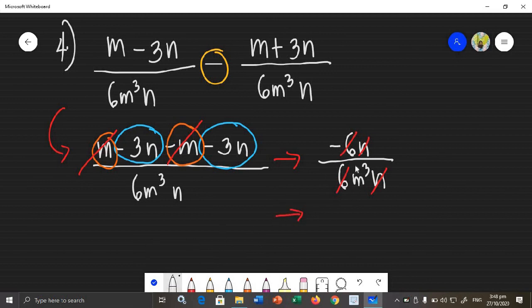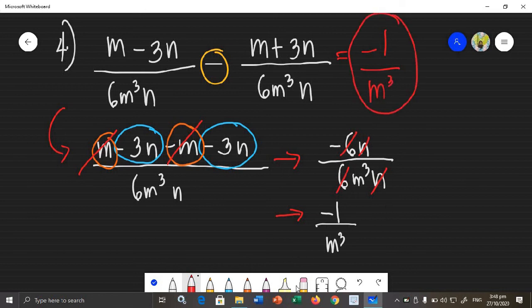Negative sign na lang. So pag wala nang natira, may invisible 1. Okay? So negative 1 over, ano na lang natira sa denominator? M cubed. That will be your difference kasi subtraction tayo. Negative 1 over m cubed. So di na natin pinactor. Nag-cancel na tayo agad. Pwede yun kasi monomials ito. Okay? So that is the answer.